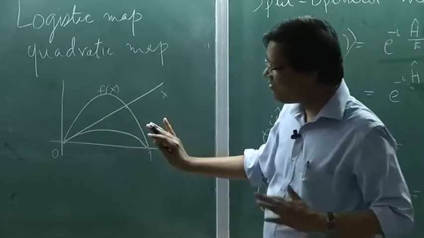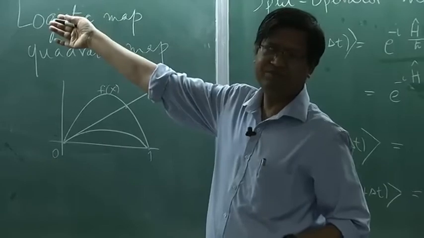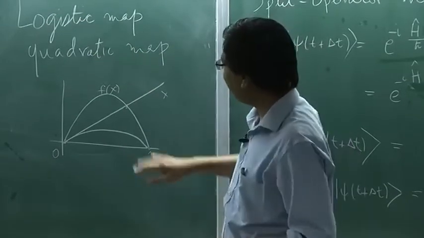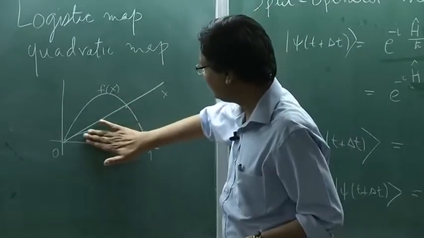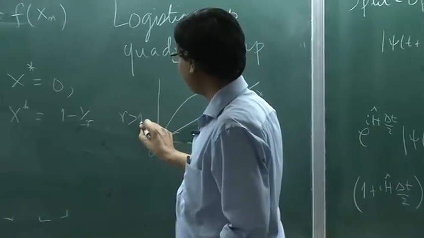And I did not want to get into it, but I just want to illustrate how to find stability. So let us imagine that I am in this regime where there are two solutions. Let us erase this. That implies that my r is greater than 1.